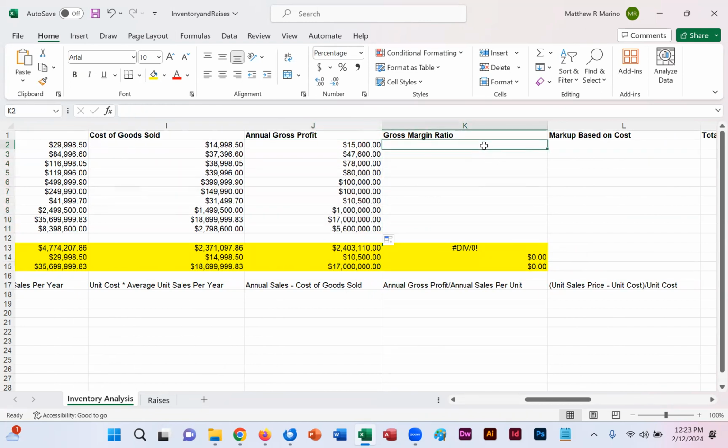Next, we're asked for our gross margin ratio, which is annual gross profit divided by annual sales per unit. Anytime you have a ratio, it should be set up in percentage.